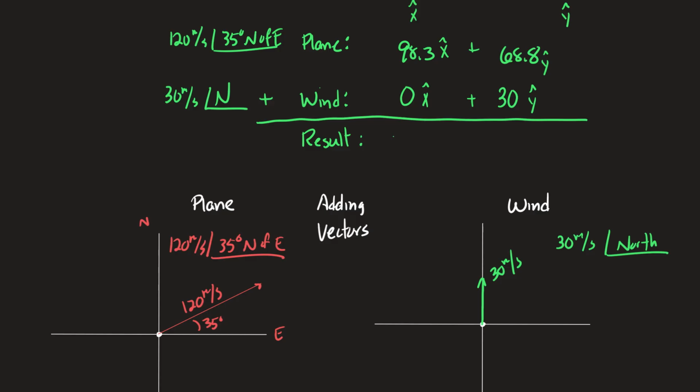So 98.3 plus 0, 98.3 x hat. 68.8 plus 30, 98.8 y hat. Technically, this is the answer, but it doesn't tell you very much, so you need to convert it to polar.